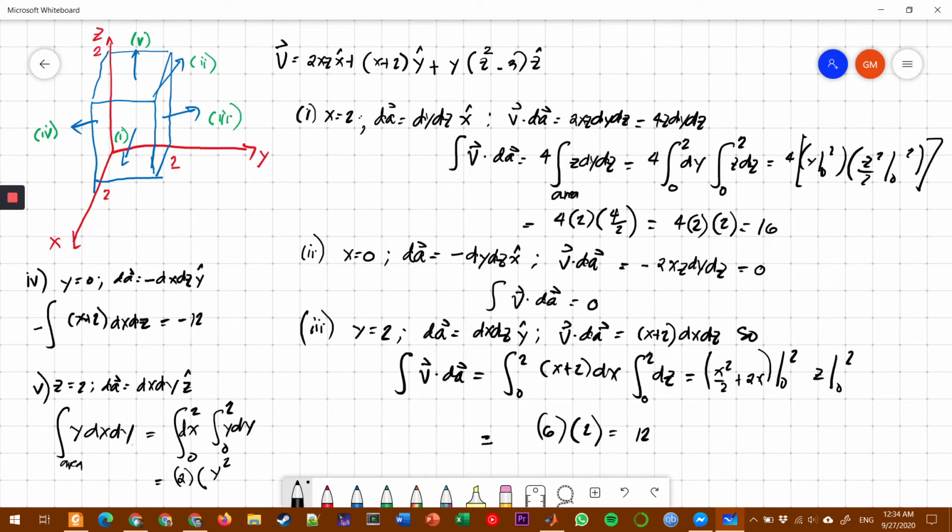So y square over 2 evaluated from 0 to 2. So this is 4, right? 4 divided by 2 is just 2. So 2 times 2, this is now 4, right?